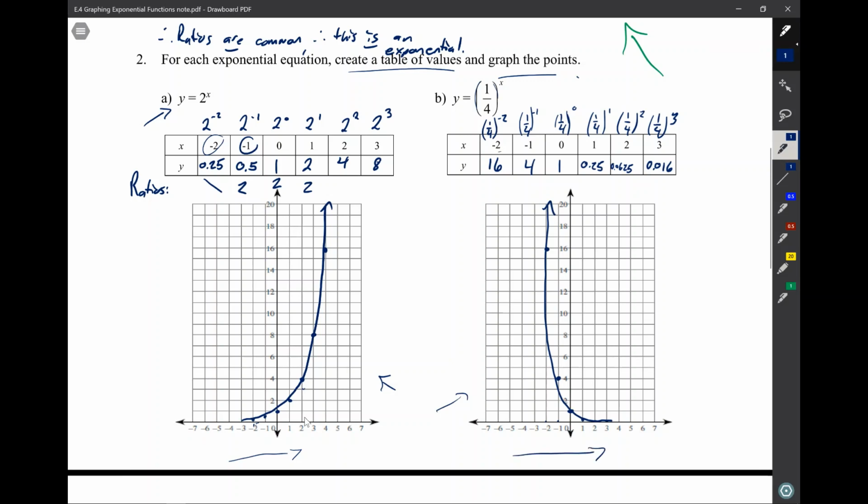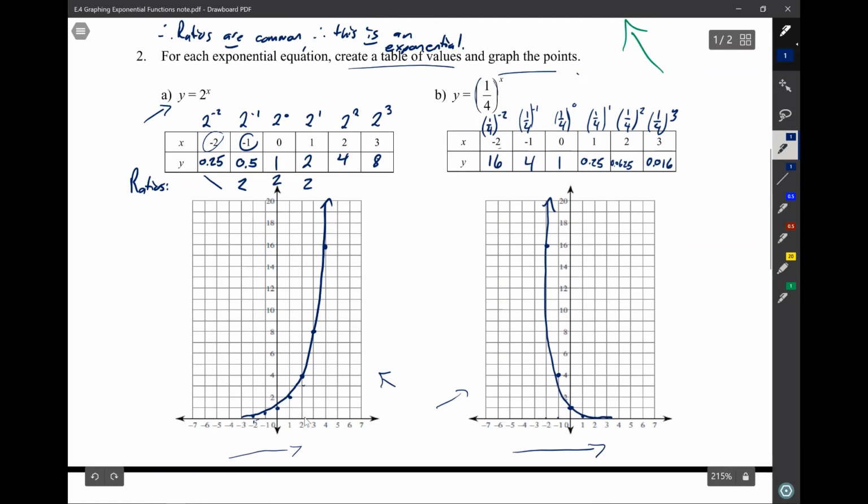The reason for that, as you will find out, is that the base of our exponential function in example A is 2. 2 is greater than 1, that means it's going to be shaped like this. If the base of our exponential function is 1 over 4, 1 over 4 is less than 1, that means the shape is going to be more like this.